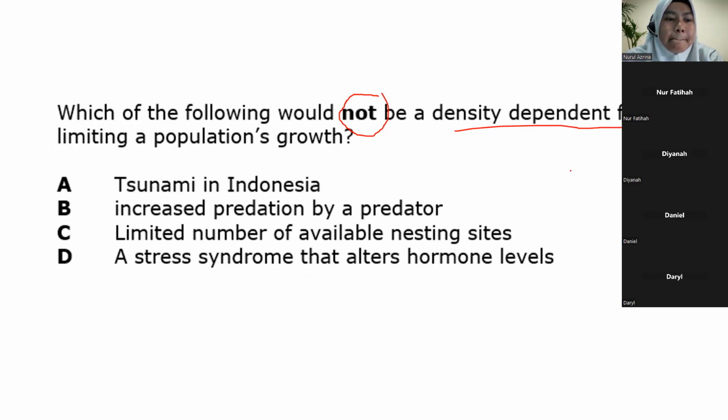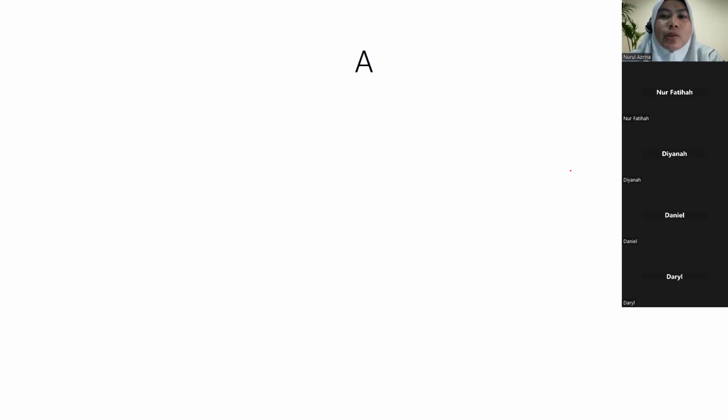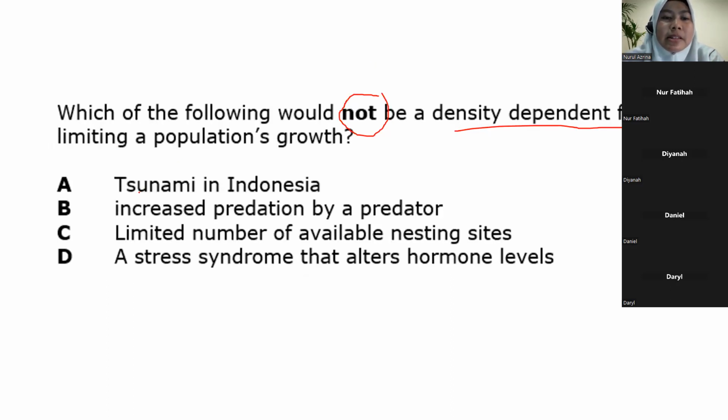The answer is A, tsunami. Sebab apa? Tsunami is a natural disaster. So natural disaster is under density independent factor.